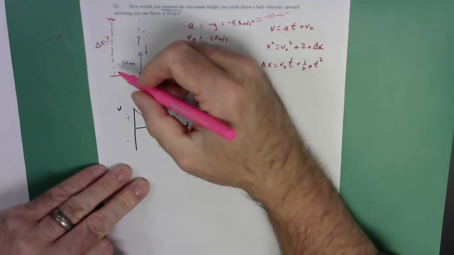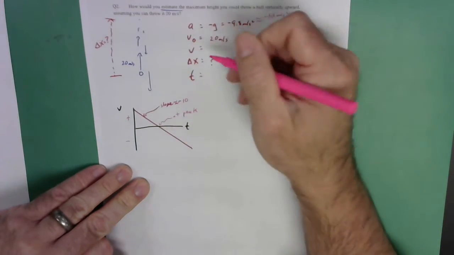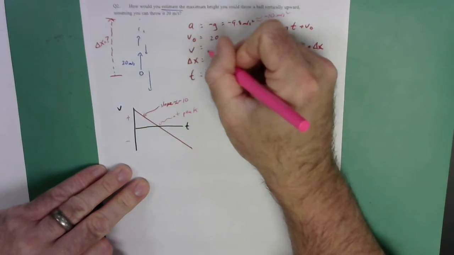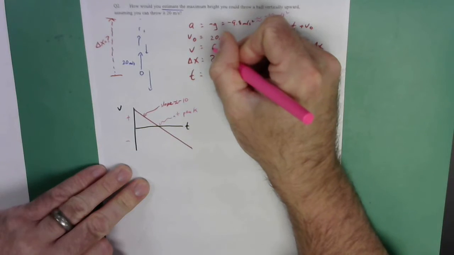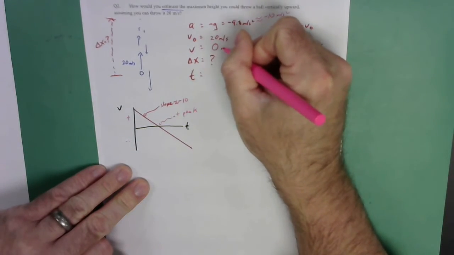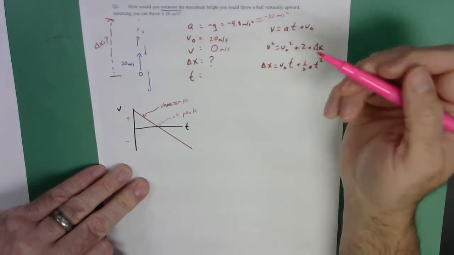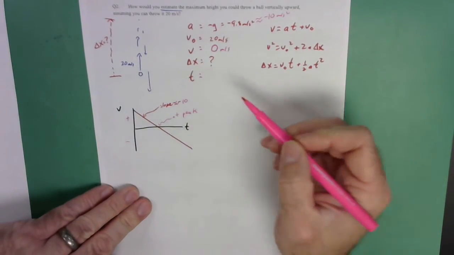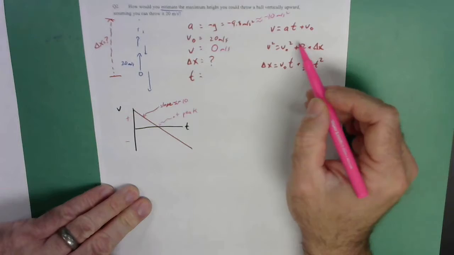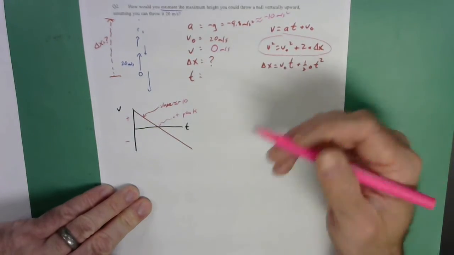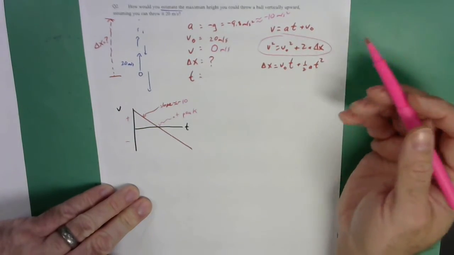And so if I'm trying to find the height change from here to the peak, I can make the final velocity, the v without a subscript, 0. Now I have 1, 2, 3 variables, so I can solve for the 4th. I would want the formula that didn't have t in it, the second one. Can we do this really quickly in our heads?